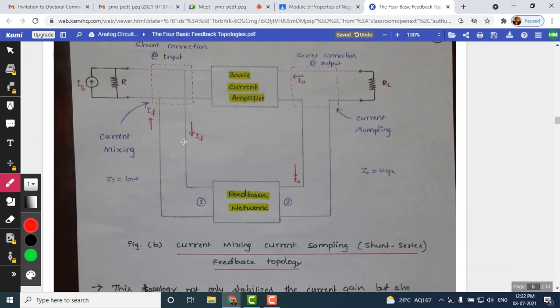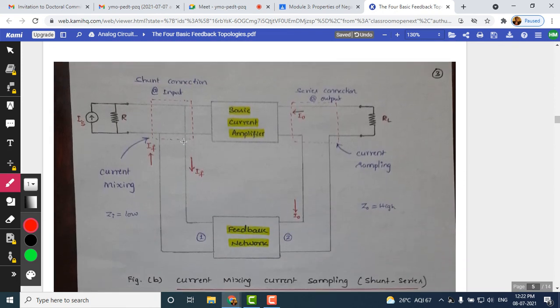Now let us look at the overall block diagram of the feedback topology suitable for the current amplifier. Look here, this is current mixing, current sampling, also called shunt series feedback topology. This is the feedback topology suitable for a current amplifier. Basic things remain the same.